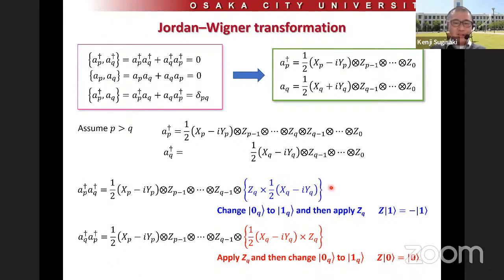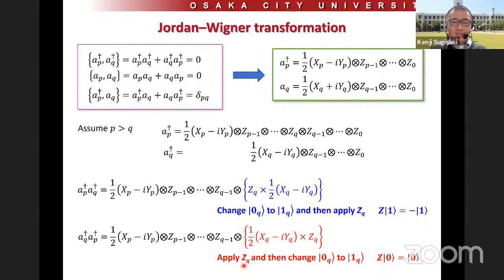If the qubit is in the 0 state, this operator changes 0 to 1, and then applying Pauli Z, we obtain minus 1 as the eigenvalue of Pauli Z. In the bottom case, we apply the Pauli Z operator before applying this operation.